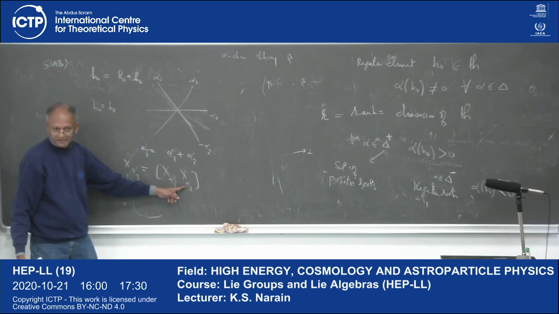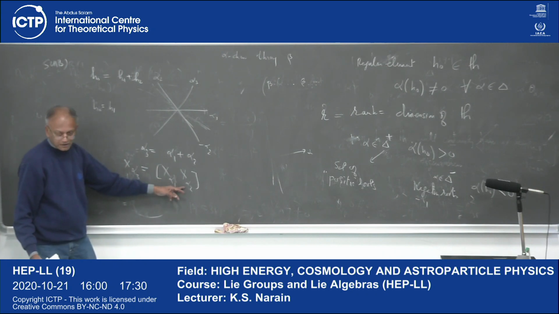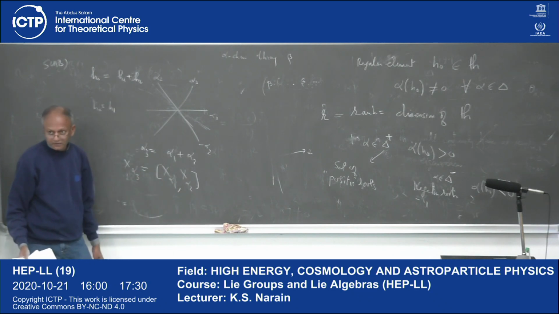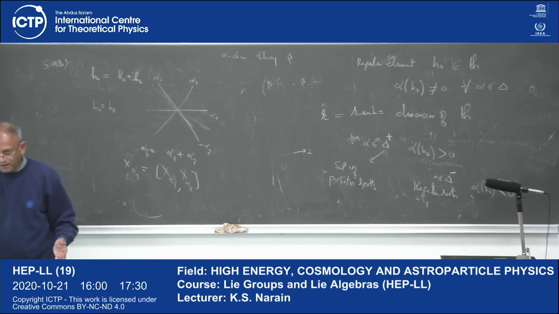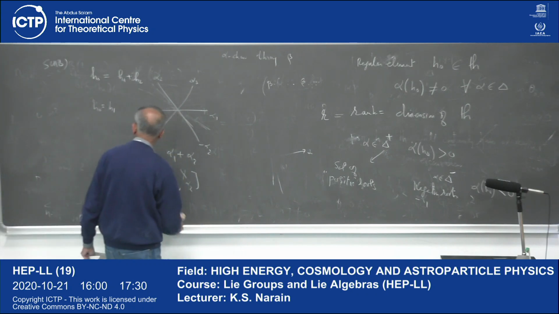If something is the highest weight with respect to x alpha 1 and x alpha 2, then it's also highest weight with respect to x alpha 3. So we never had to worry about x alpha 3. We could just work with x alpha 1 and x alpha 2. We want to do a similar thing now in a more general, completely abstract situation. So we do the same thing here.